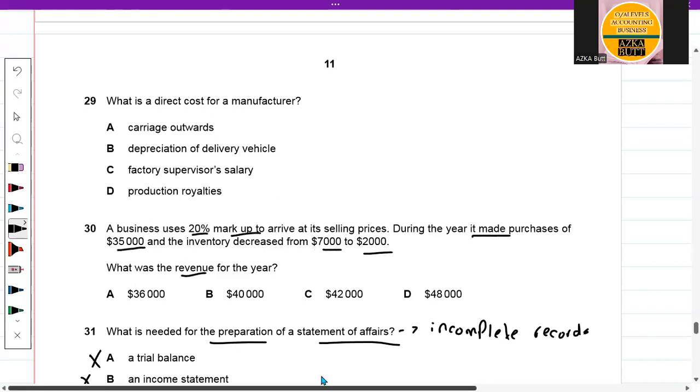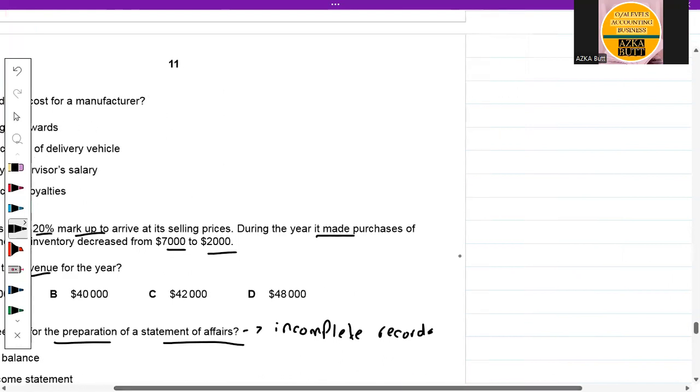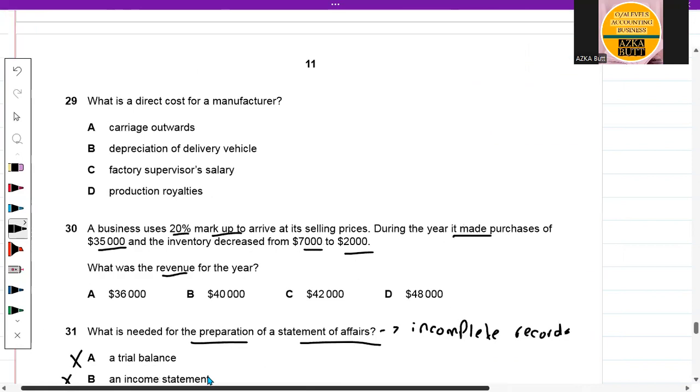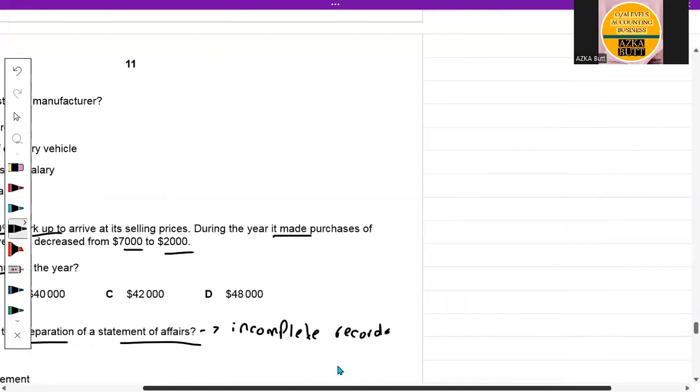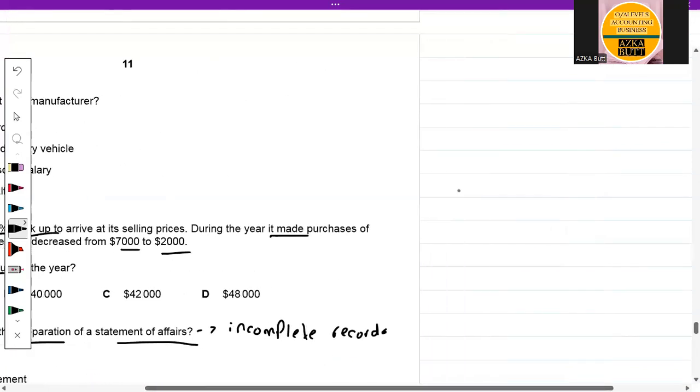So what was the revenue for the year? First of all, we have to find out the cost of sales, because we don't have the information related to cost of sales.